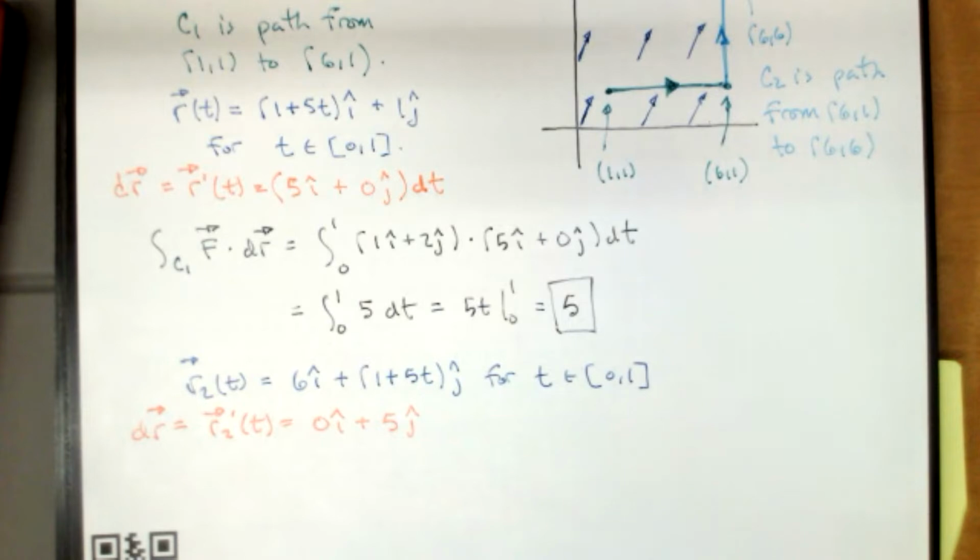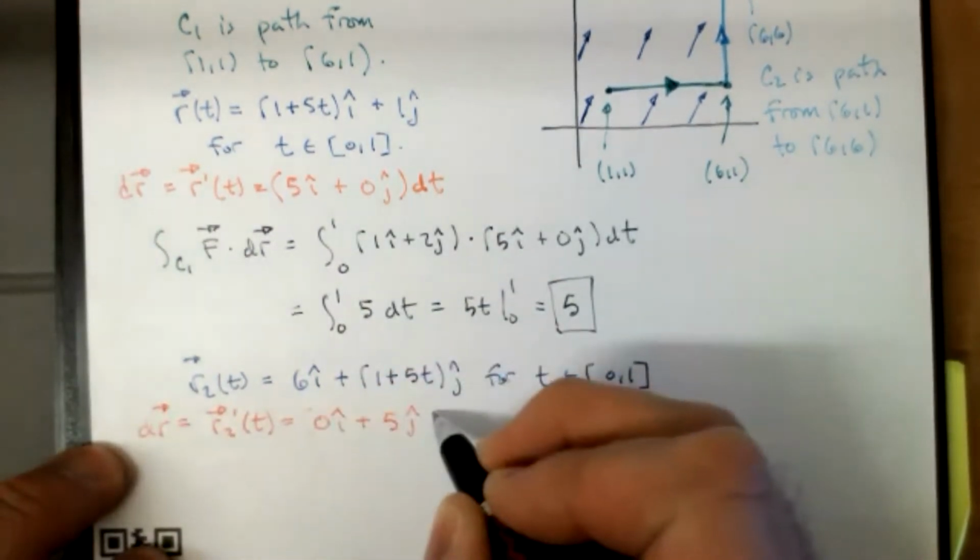Now we can see what's going to happen here. When I multiply the j components, I have a j component of 2 from my vector field and 5 from the dr, 5 from the direction. So we're just going to be multiplying the force times the distance.